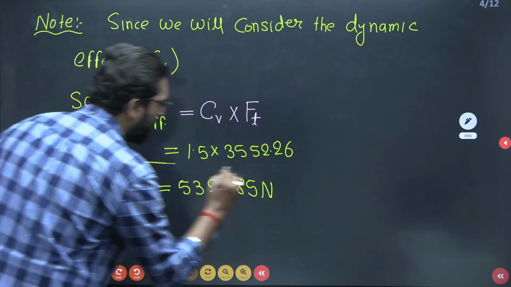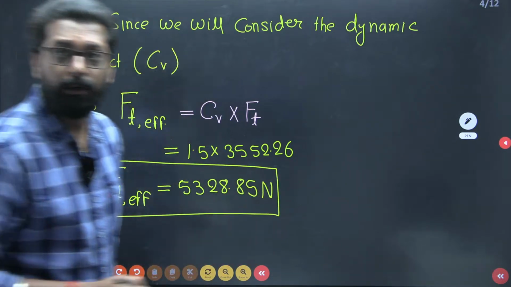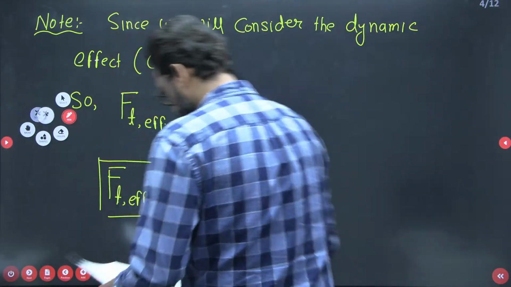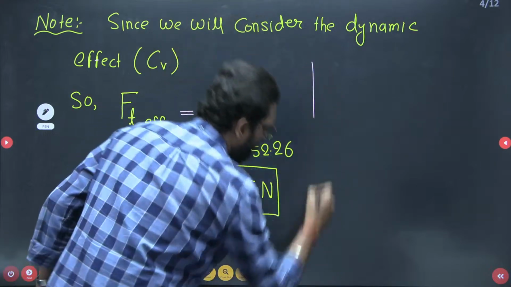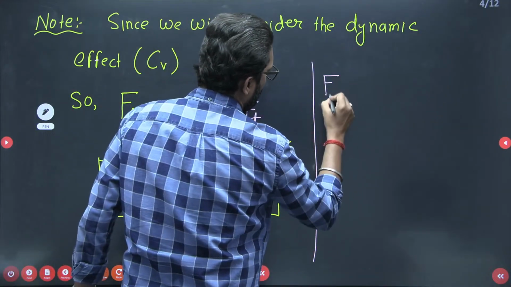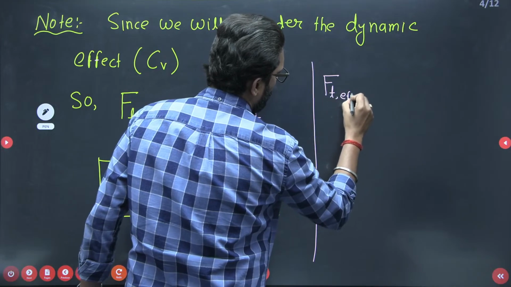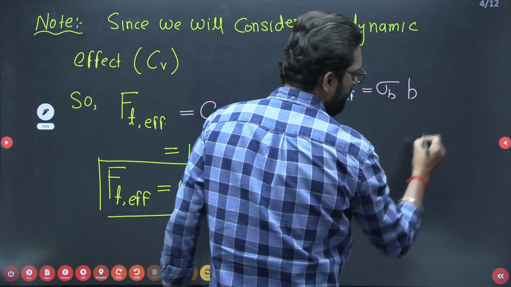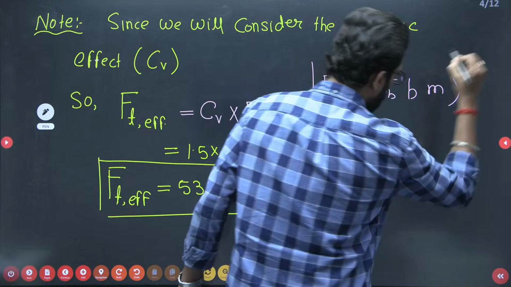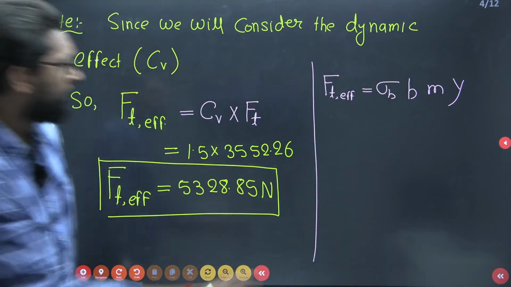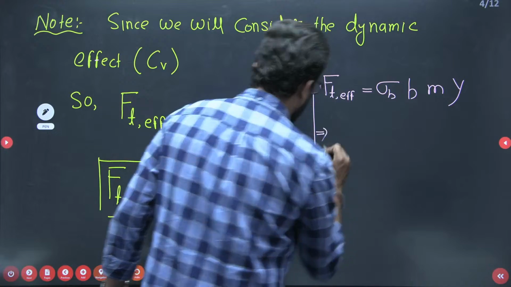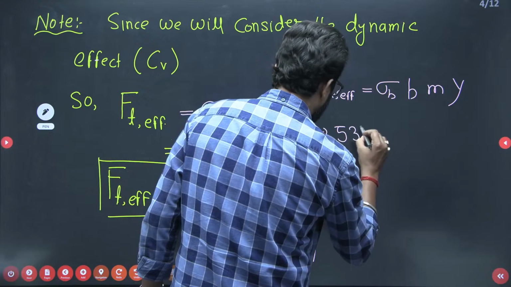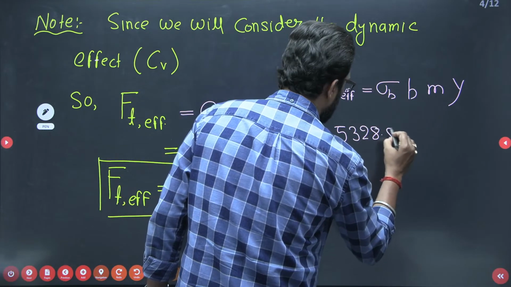Now once you have Ft effective, you put this value into the Lewis beam strength equation. Ft effective is equal to sigma b into b into module into Lewis factor. Ft effective is 5328.85.